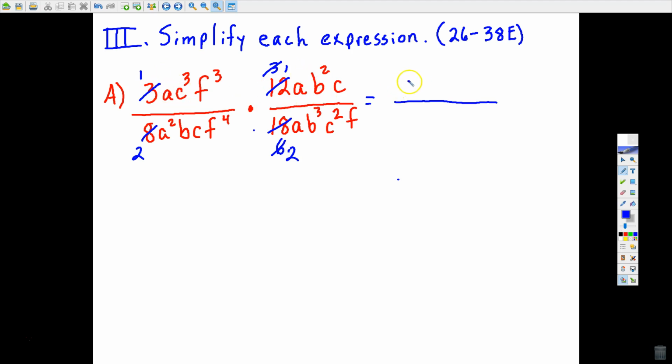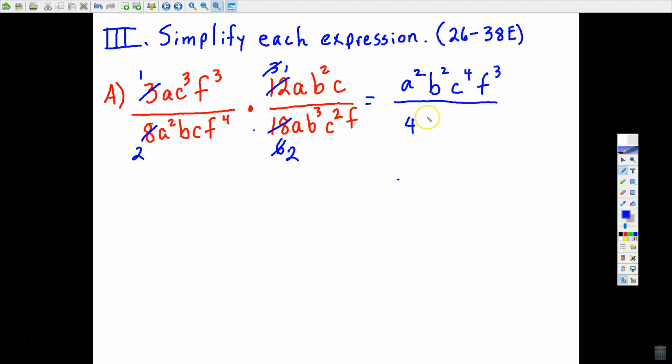So a times a is a to the second. There isn't anything to multiply b with, so that's just going to be b squared. C to the third times c to the first is c to the fourth. And there is no other f variable to multiply, so I'm going to say f to the third. Now I'll do the same thing on the bottom. 2 times 2 is 4.